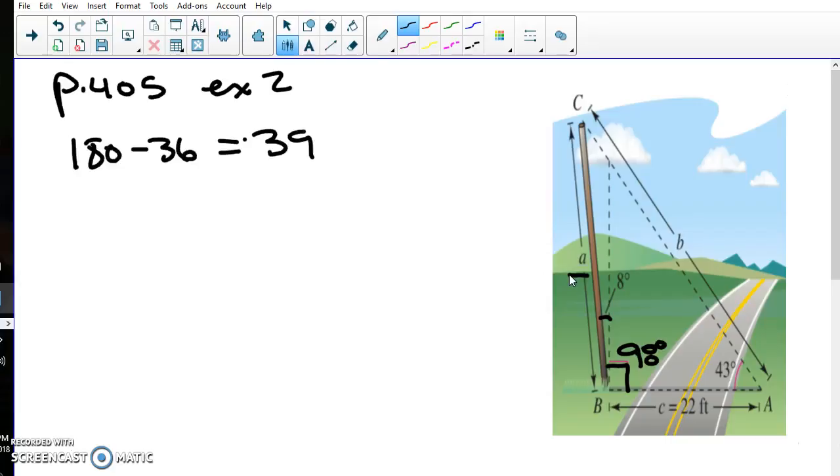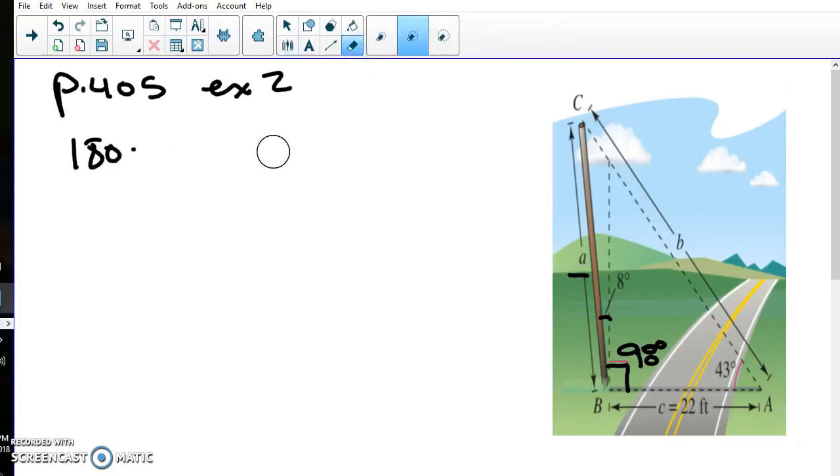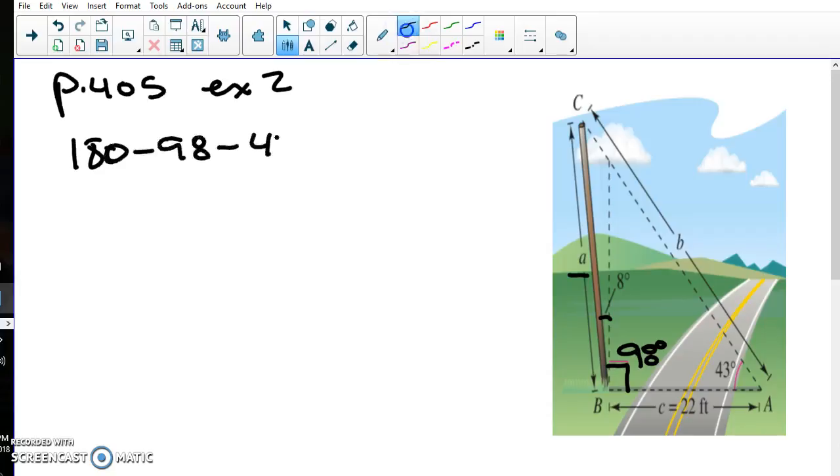So we can quickly calculate the remaining angle if we take 180 minus 98 minus 43. That should give us the remaining angle, 39 degrees. So angle C is 39 degrees. And of course, this time I think we're just looking for A. We're looking for the height of the pole, the length of the pole.